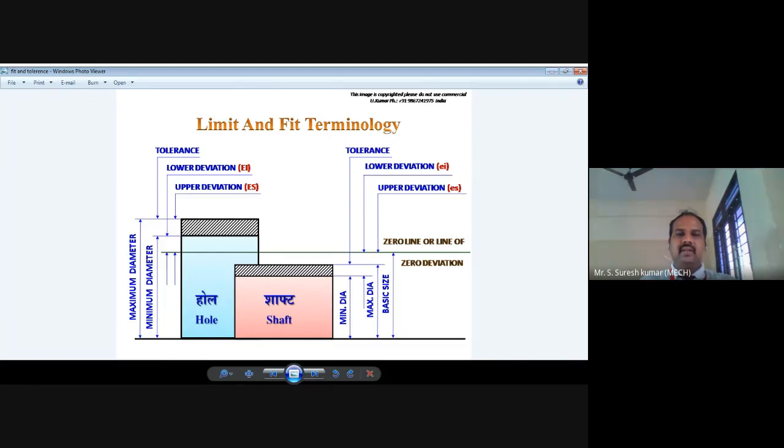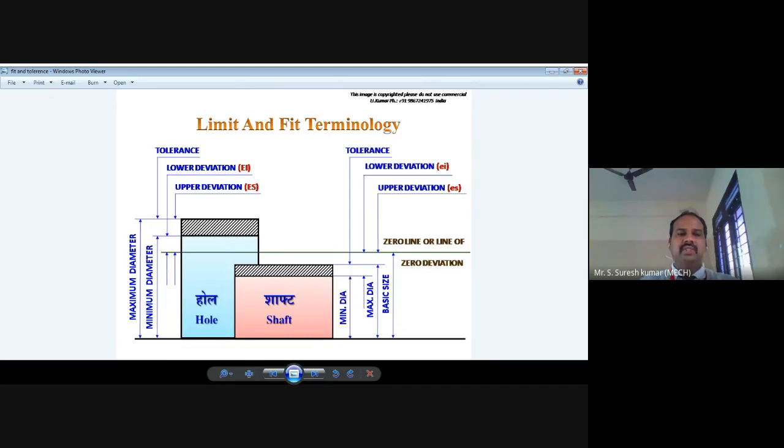Actual deviation is the algebraic difference between the actual size and the corresponding basic size. Upper deviation means the algebraic difference between the maximum limit of size and the corresponding basic size. Lower deviation means the algebraic difference between the minimum limit of size and the corresponding basic size.